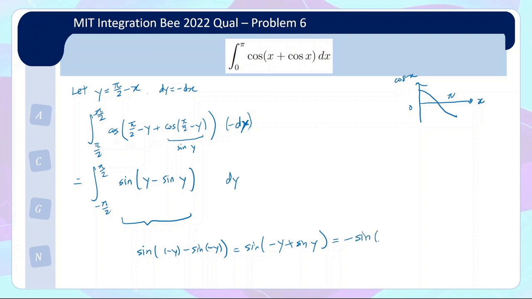I get minus sine y minus sine y. So f of minus y equals minus f of y. So this is an odd function. So for an odd function, you integrate from minus pi over 2 to pi over 2, you get 0, because the negative and positive parts cancel out. So really interesting question 6 here that uses an unconventional observation.